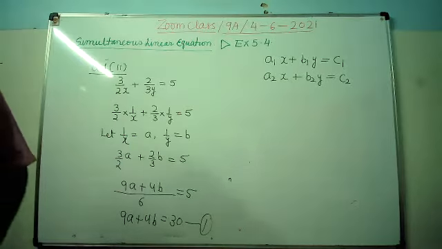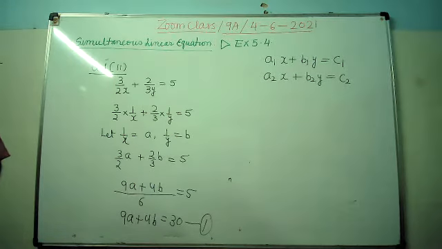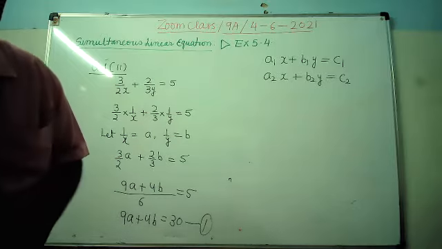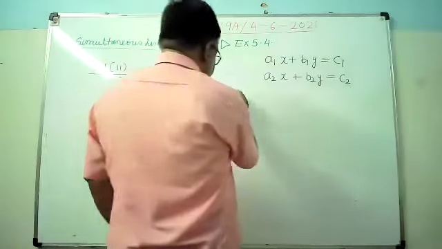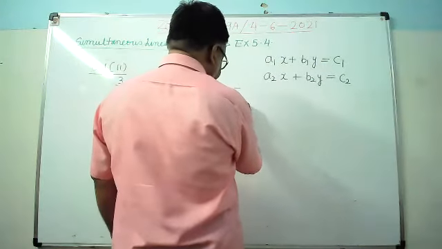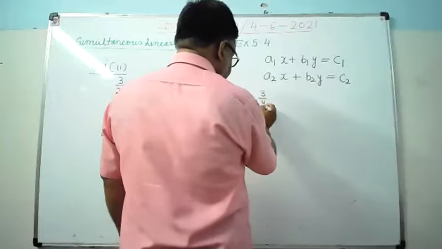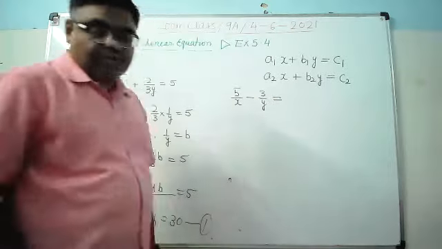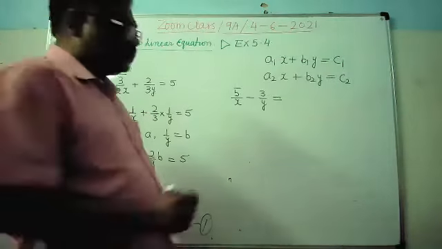Now in the same way you change the other equation also. What is the other equation? 5 upon x minus 3 upon y equals 1.